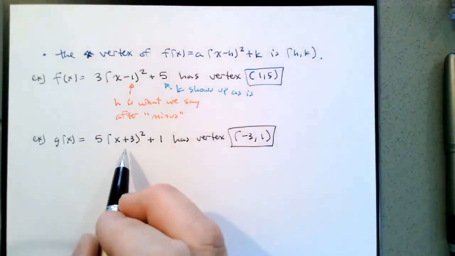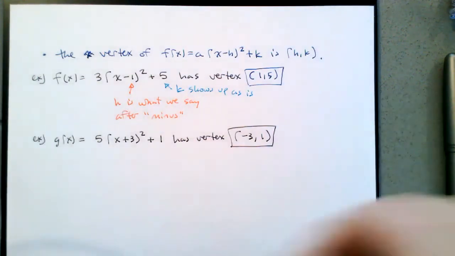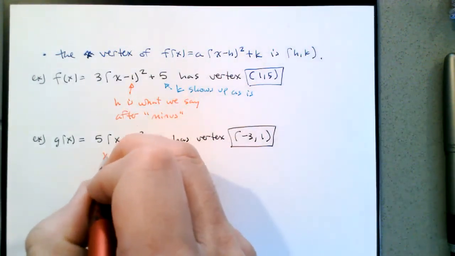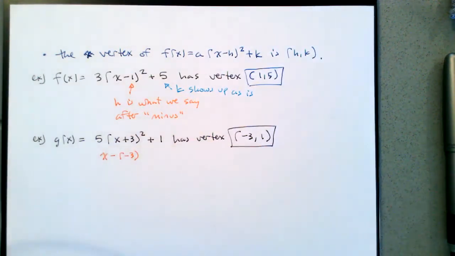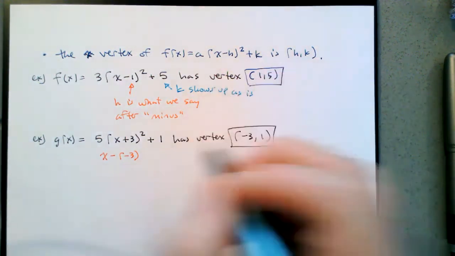H is what we say after minus. And when we have x plus 3, we can think of that as x minus a -3. So we have to read x plus 3 as x minus a -3. So the x-coordinate of the vertex is -3. But k shows up as is. So k is just +1.